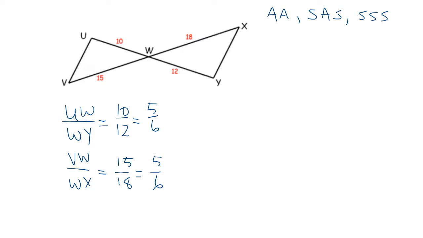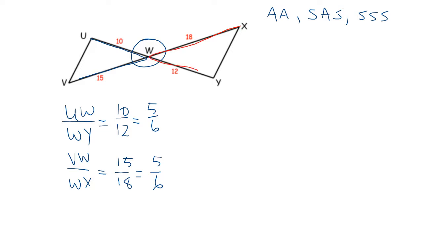We can only say what we see and what we can prove. So what else can I prove here? Well, I've got two intersecting triangles. The intersecting triangles have segments that make opposite rays, and that gives me vertical angles. So right here, I have a pair of vertical angles that I can say are congruent.